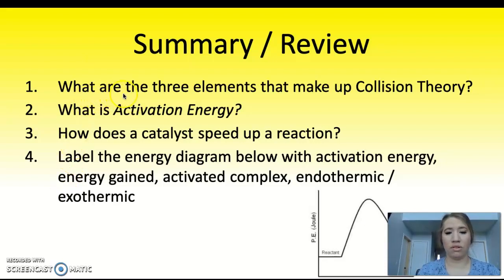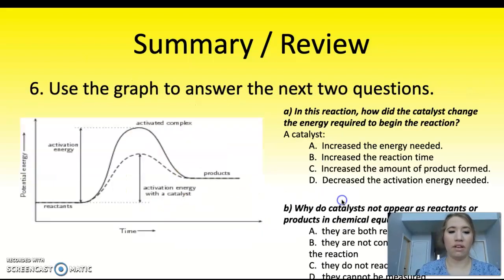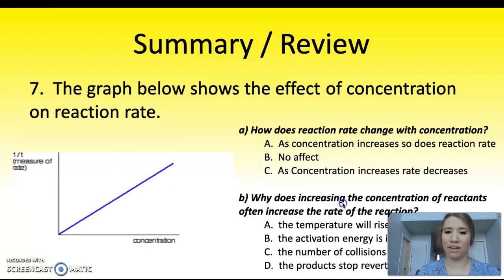So you're going to answer what are the 3 elements that make up collision theory. You're going to talk about activation energy. How does a catalyst work? You're going to label the diagram, and then you have a couple more questions that you're going to be answering.